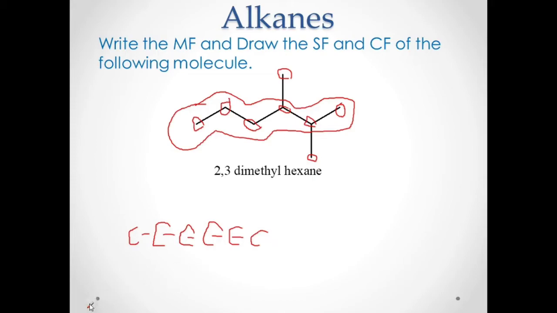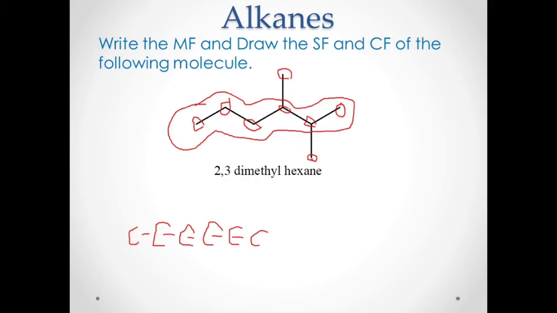Next, I told you on a previous topic that there are substituted hydrocarbons. In this case, this portion is a substituted hydrocarbon. The hydrogen from this carbon and that carbon is replaced with an atom or group of atoms, in this case another carbon.